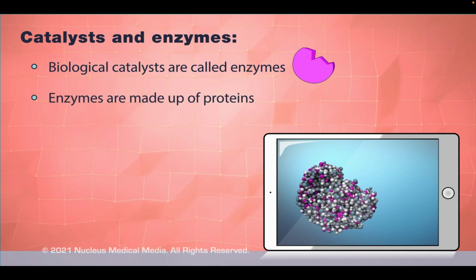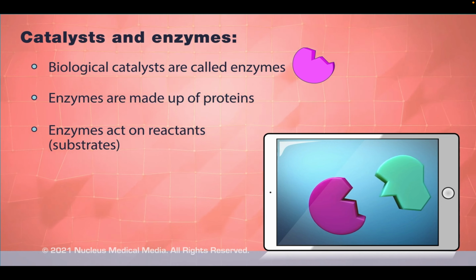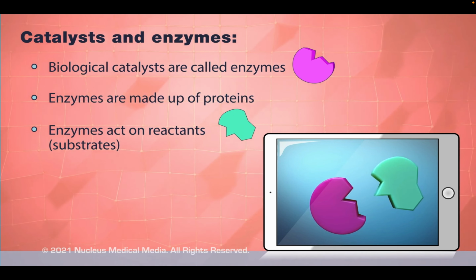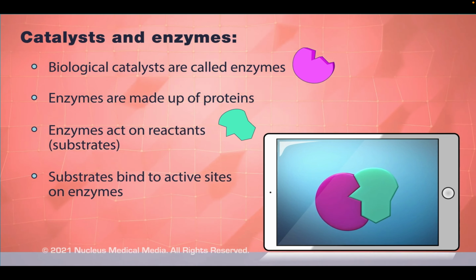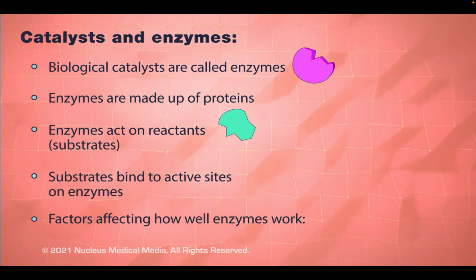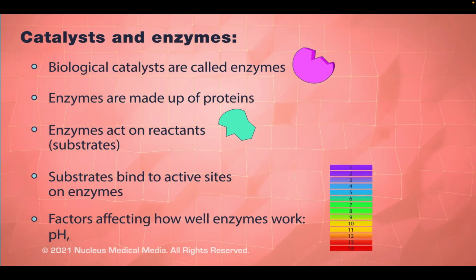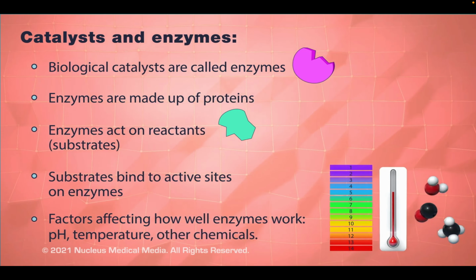Enzymes are made of proteins. Enzymes act on reactants called substrates. Substrates bind to unique locations called active sites on enzymes. And factors that affect how well an enzyme works include pH, temperature, and other chemicals.